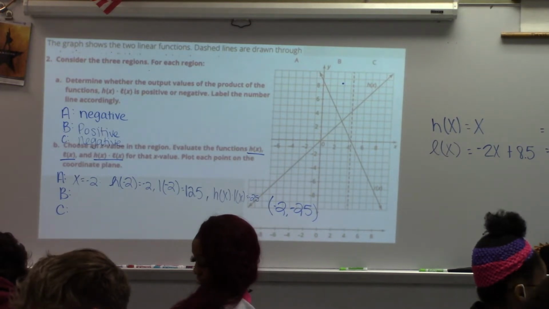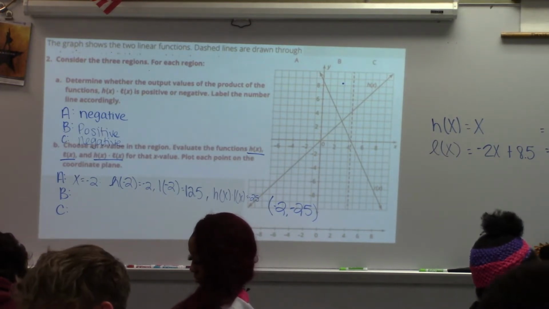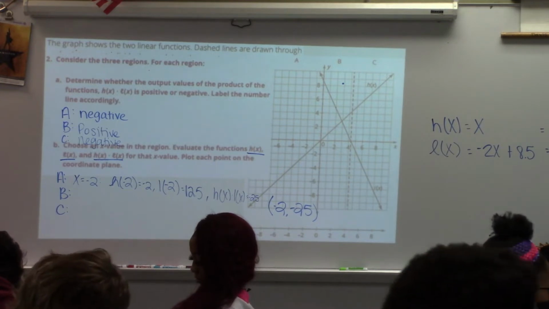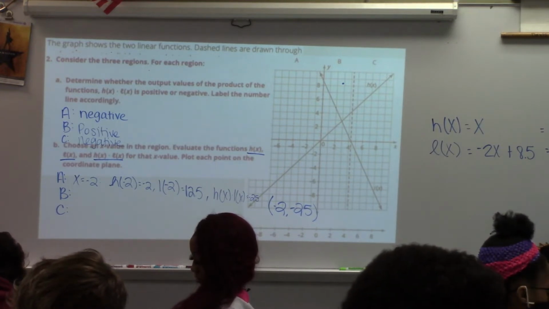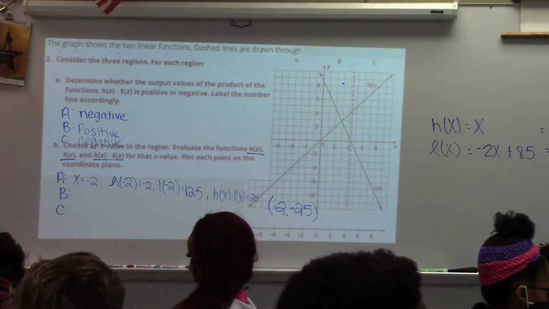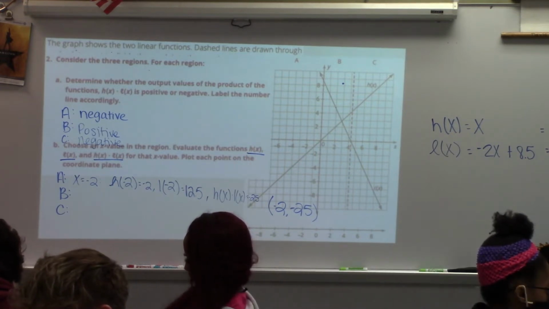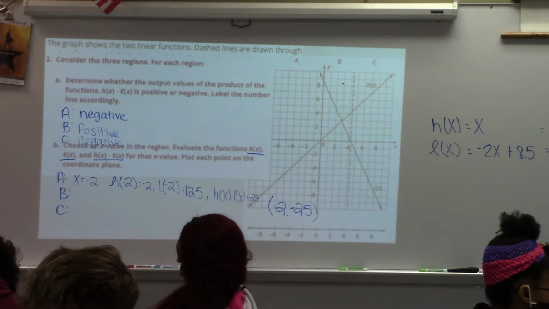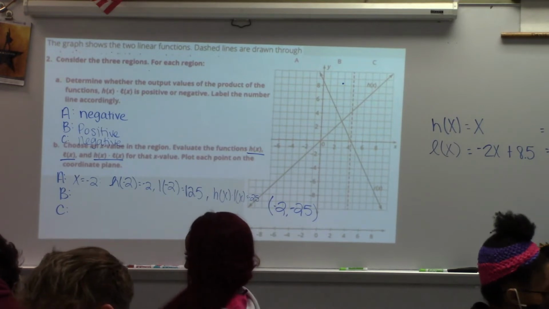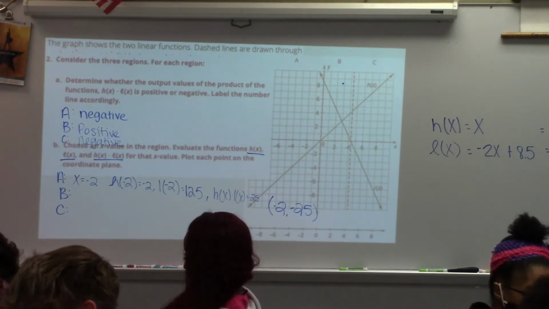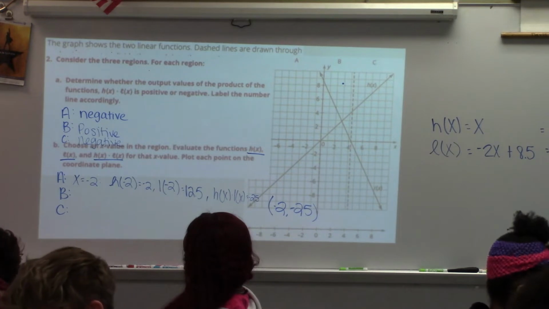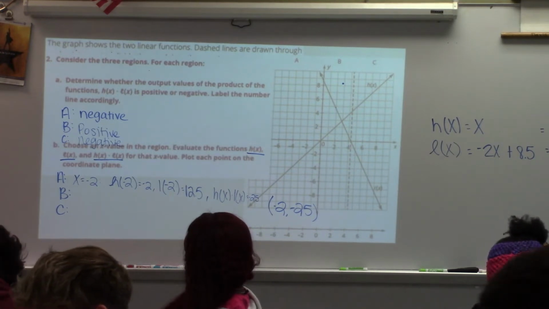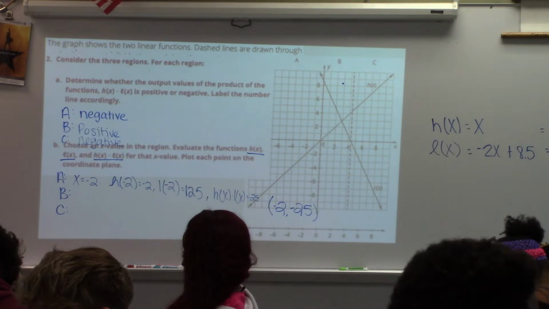Where are the zeros on the graph? What's the product of those functions going to be? Where's 0? Alright, so we're going to plot the point. Yes, okay, perfect, that one's good.